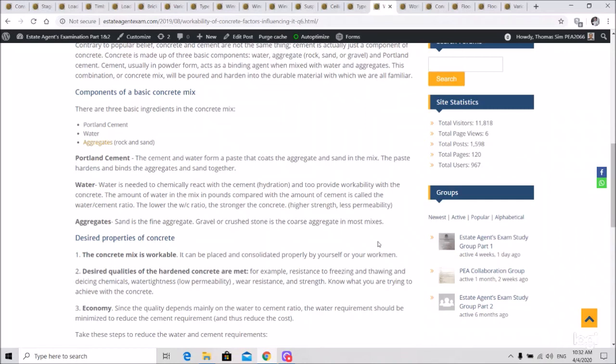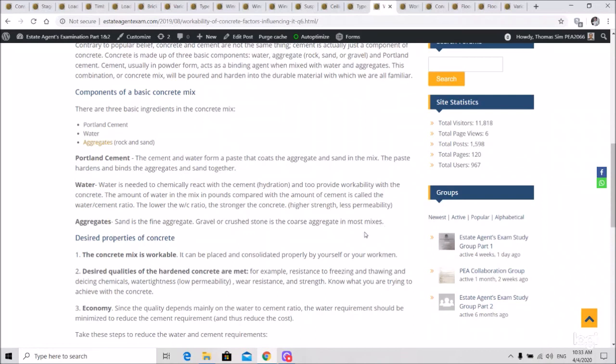So if you want to achieve a concrete block which is going to stand outside as a wall, then maybe you don't need it to be very fine and very smooth on the surface. So probably your aggregates will be more like rock, stones, crushed stone, and not so much sand, because you allow it to be outside.